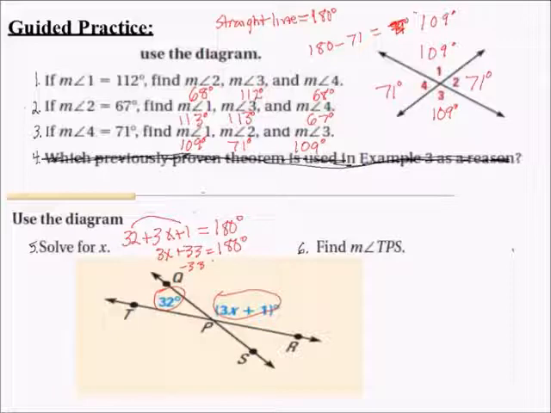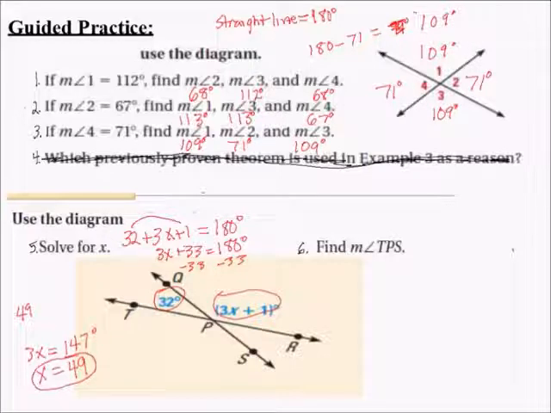Subtract 33 on both sides. So I have 3x equals 147. And then x is going to be equal to 49 degrees. Okay? So x is 49.